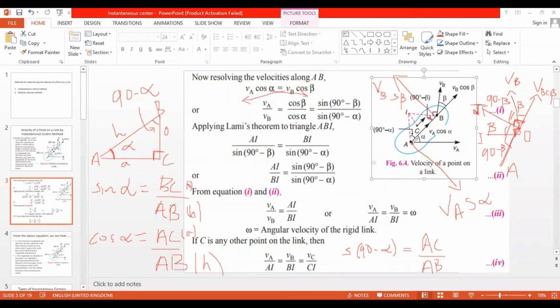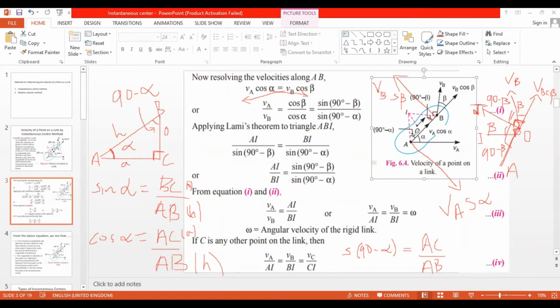So now I will write it as AI upon sine 90 minus beta, sine of the angle opposite to that. So this angle is 90 minus beta, I have proved here. So AI upon sine of 90 minus beta will be equal to BI upon sine of the angle opposite to that, that is sine 90 minus alpha.